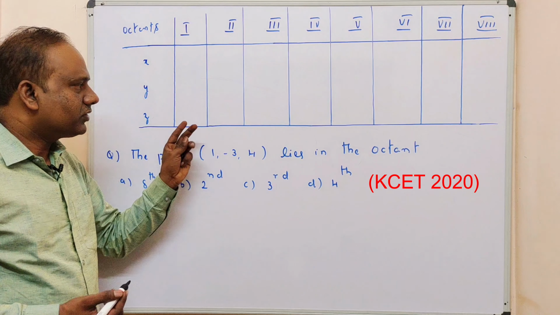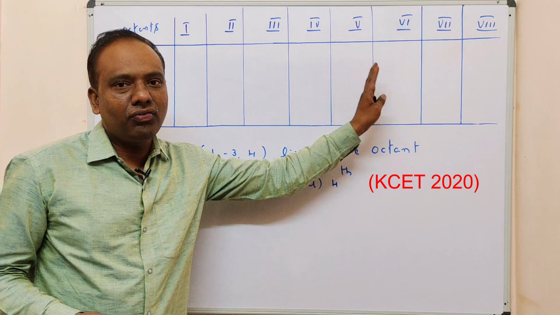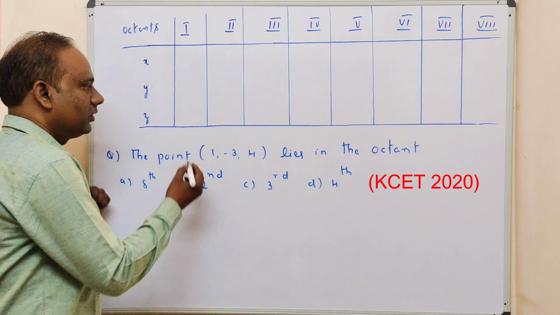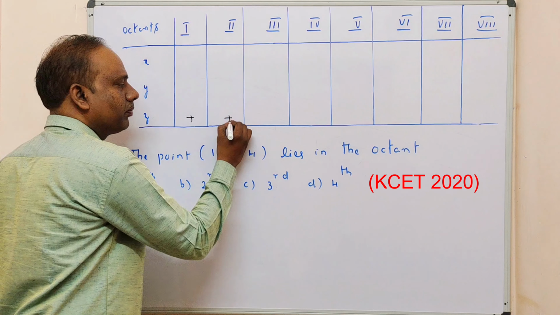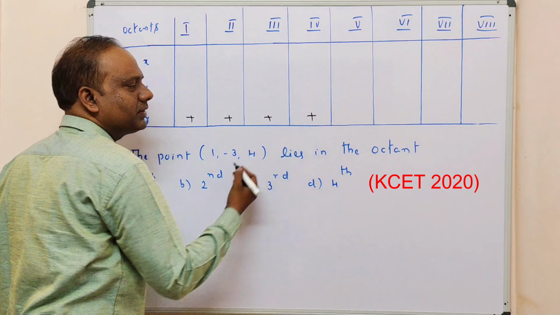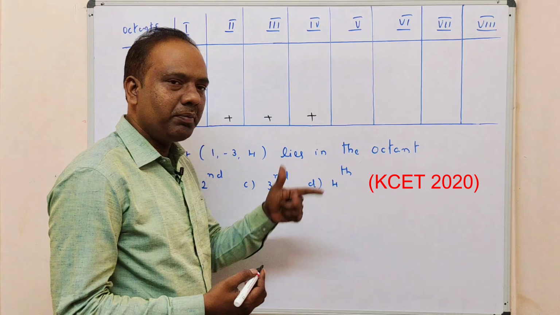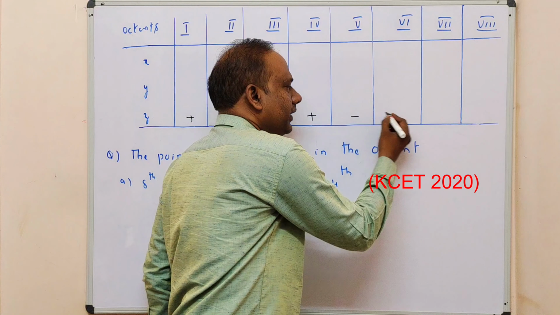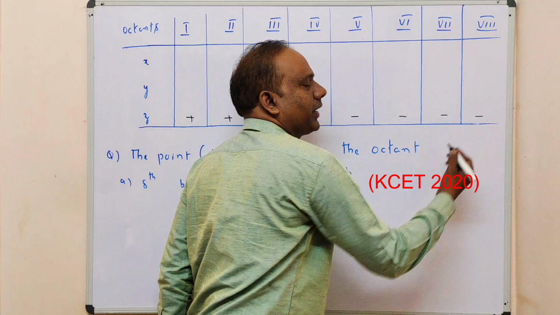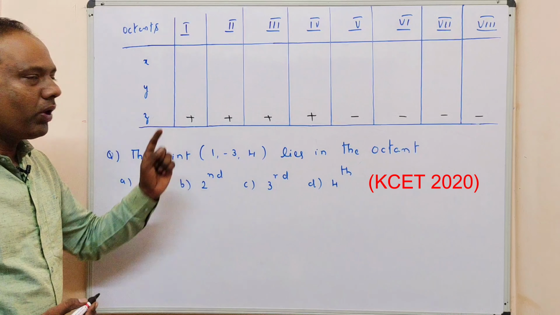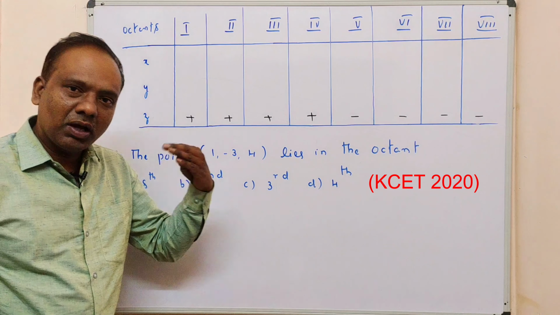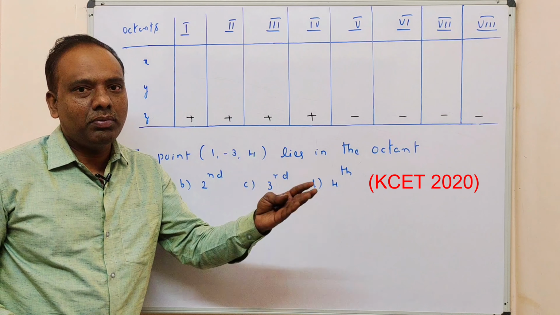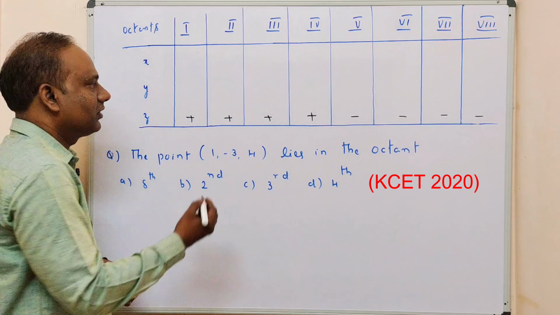We can start from the z coordinate: first 4 times plus and 4 times minus. Next the y coordinate is double plus, double minus, like that.